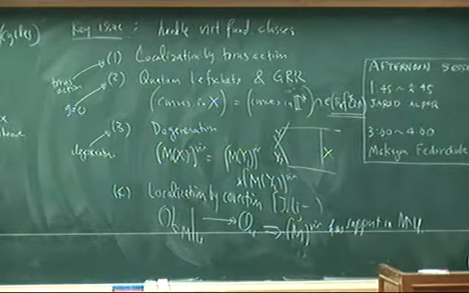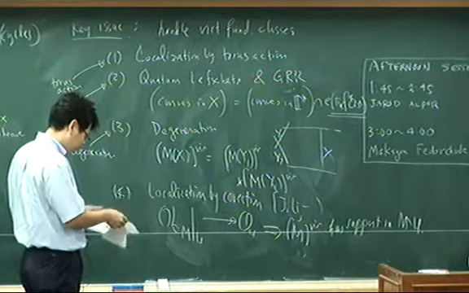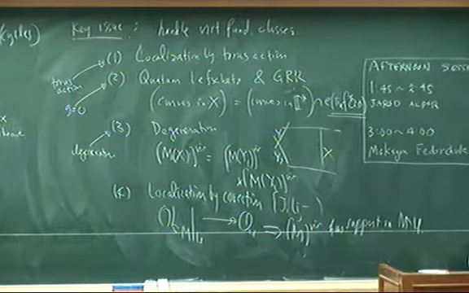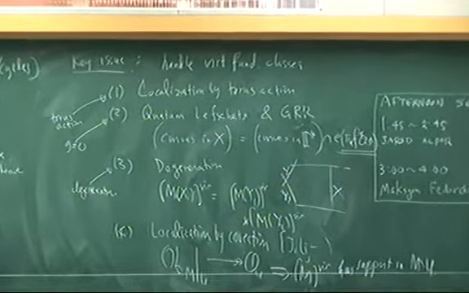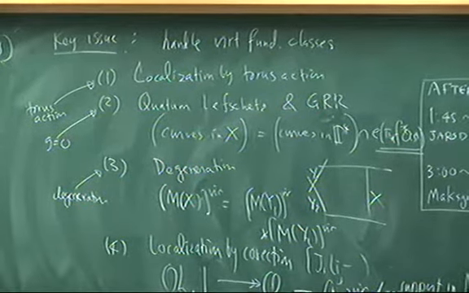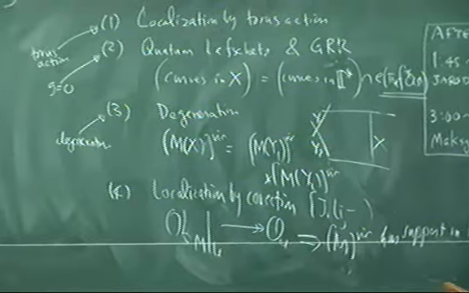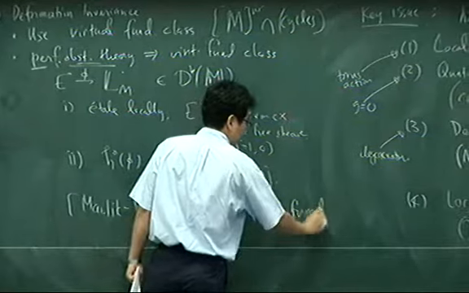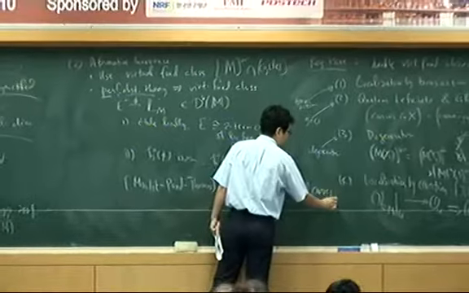So this may not look very impressive, but recently this year, Maulik Pandey and Richard Thomas used this technique to prove the very famous conjecture, called the Katz-Klemm-Vafa formula, which basically counts the number of curves of given genus in the K3 surface.